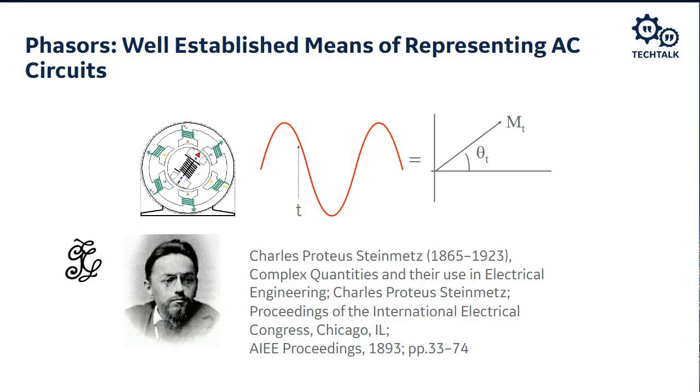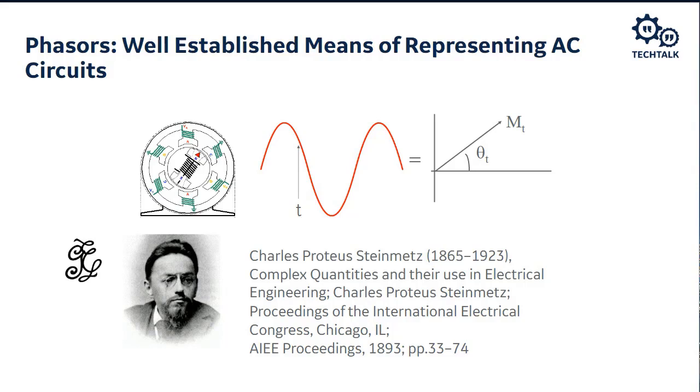What a phasor is: we're going to take that sinusoidal waveform and turn it into a vector. We're going to turn that into a magnitude and an angle. That's what I show on the right side of that sinusoid.